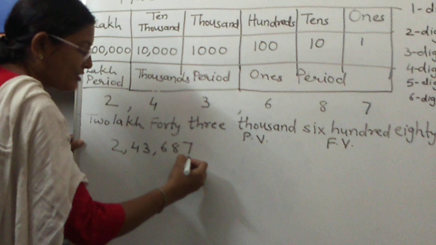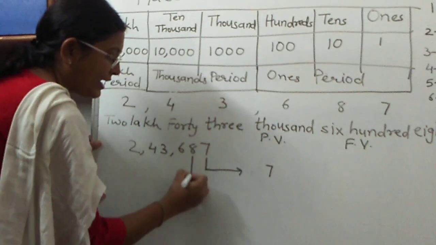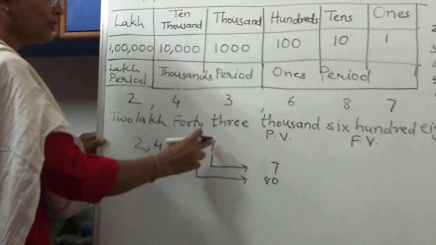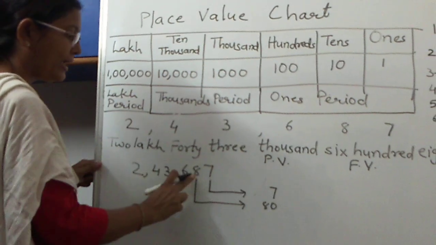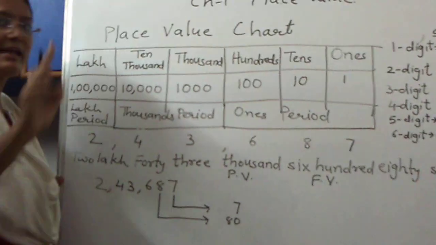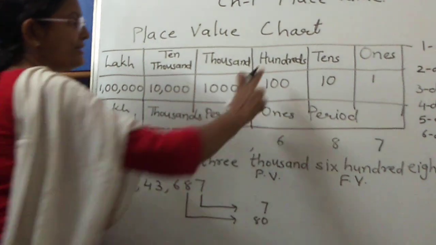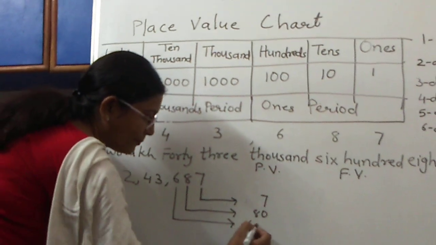Okay. 7's place value is 7. 8's place value is 80. Why? Because 7 is at the 1's place, so only 7 will come. 8 is at the 10's place, meaning 8 times 10. So it is 80. 6 is at the 100's place, so it will be 600.